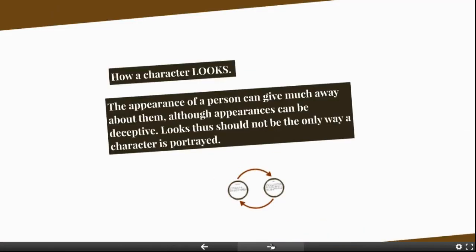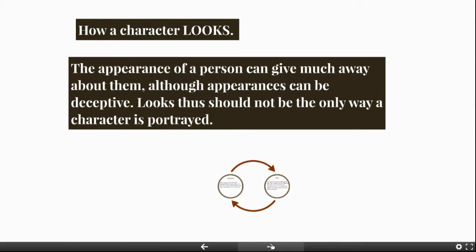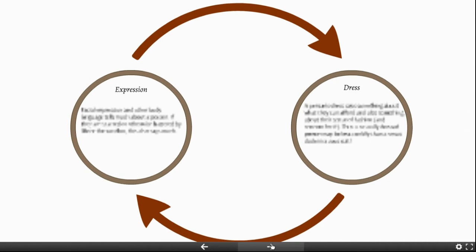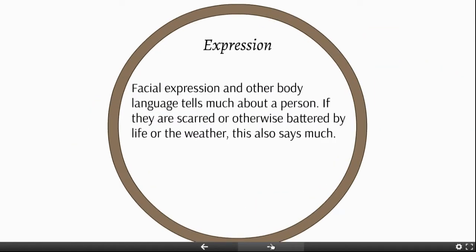And finally, how a character looks. The appearance of a person can give much away about them, although appearances can be deceptive. Looks thus should not be the only way a character is portrayed. And I don't mean color of hair. We're talking more indirect ways. Facial expressions and other body language can tell us a lot about a person.